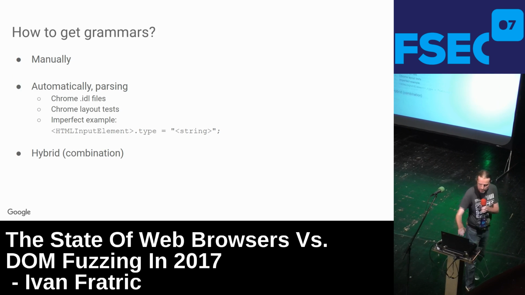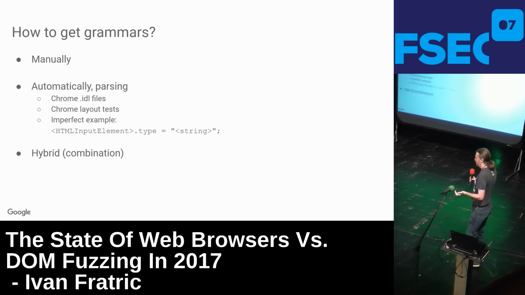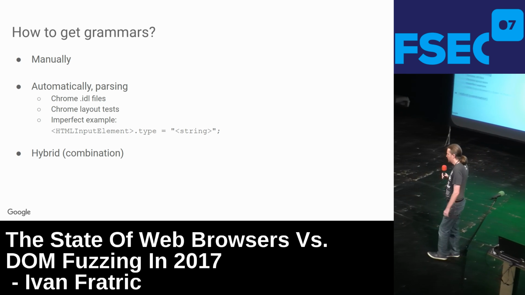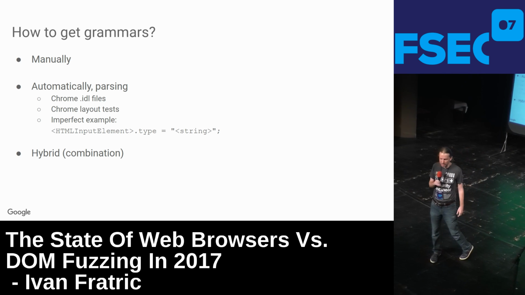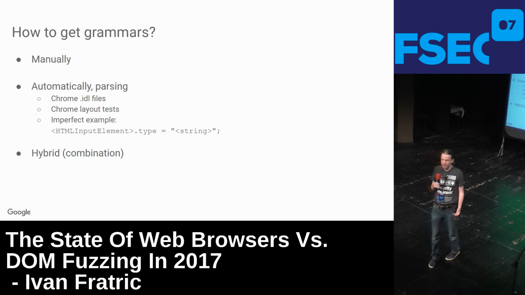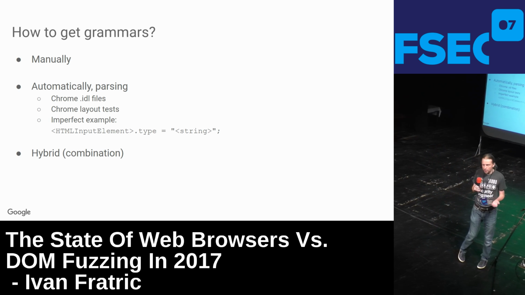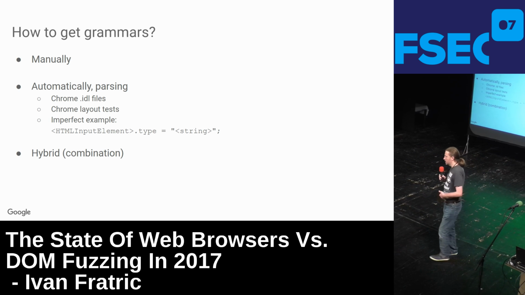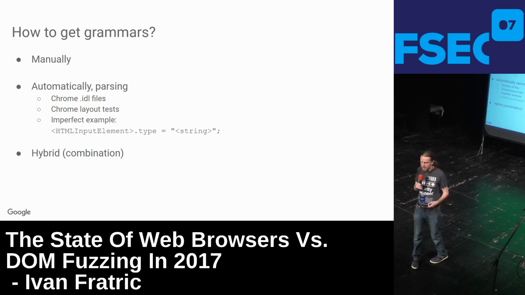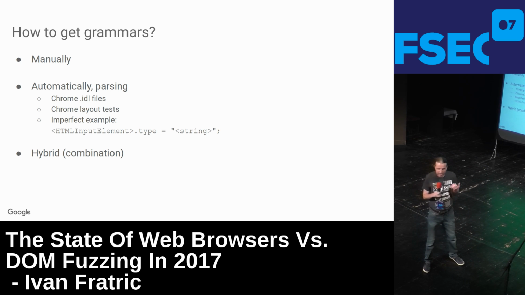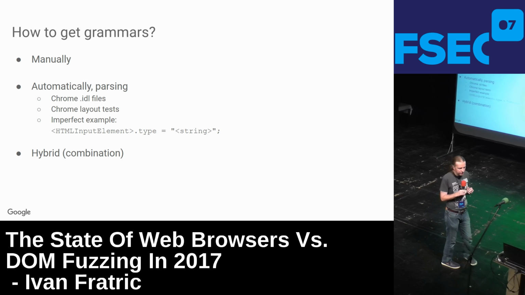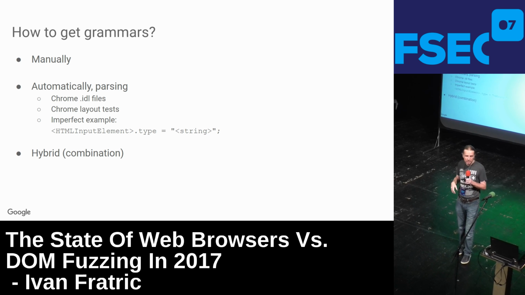So as you've seen, grammars are a big part of my fuzzer. So how do we actually create those grammars? Well, in the past, I've experimented with various approaches, such as manually writing them or automatically extracting them. But for this particular project, I used a hybrid approach, where I started with a set of grammars that were automatically extracted.